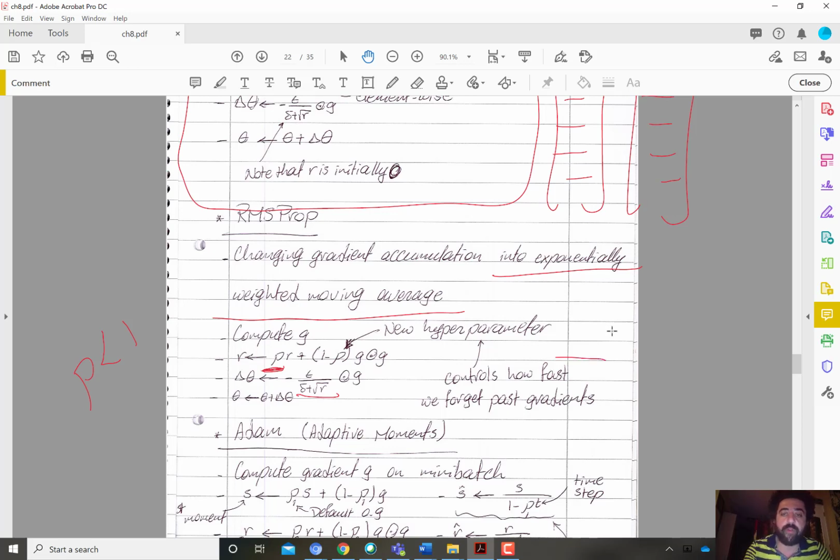Now this rho factor is a new hyperparameter that's not in AdaGrad, and again, adding a new hyperparameter is advantageous as it adds flexibility, but it can also add a burden of trial and error to figure out the right value, and if you want to make it learnable, then that would add complexity to the learning algorithm.